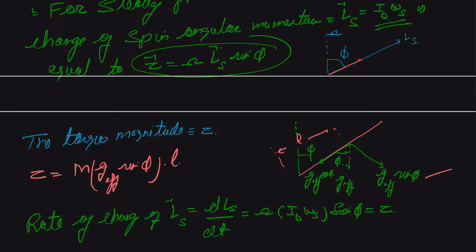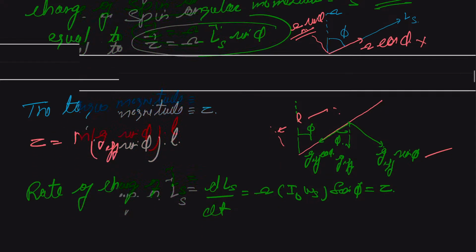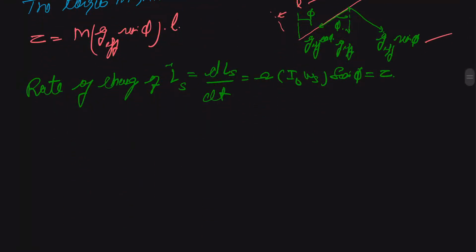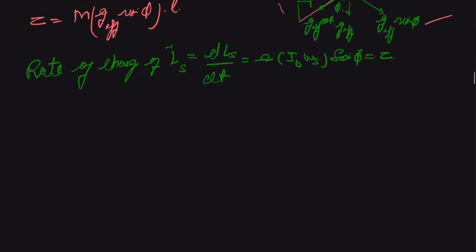One will be along the Ls, which will be omega cos of phi, and the other one will be the perpendicular part, that is omega sine of phi. So obviously the torque will be only because of this perpendicular part. Okay. So cos phi is not part of that torque generated.